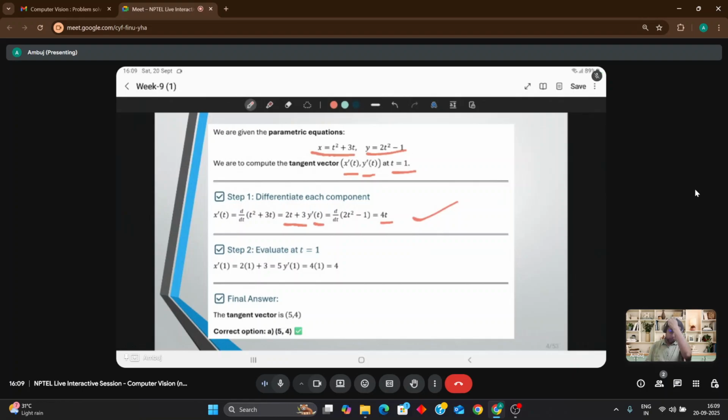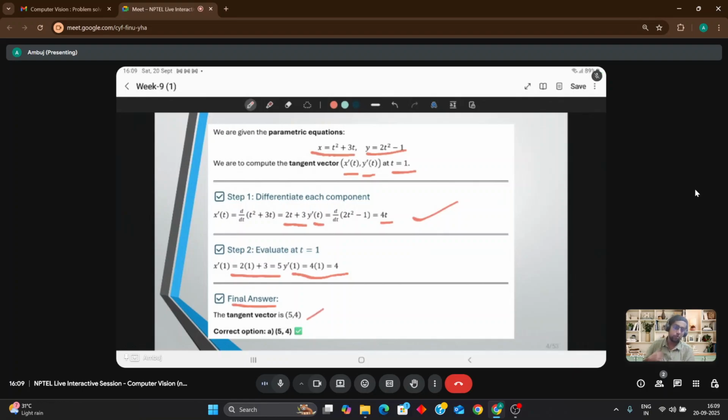So x dash 1 is nothing but 2 into 1 plus 3, 2 plus 3 is 5. Y dash 1 is nothing but 4t, 4 into 1, since t is equal to 1, so 4 into 1 is 4. Now you can see the final answer is 5 comma 4.